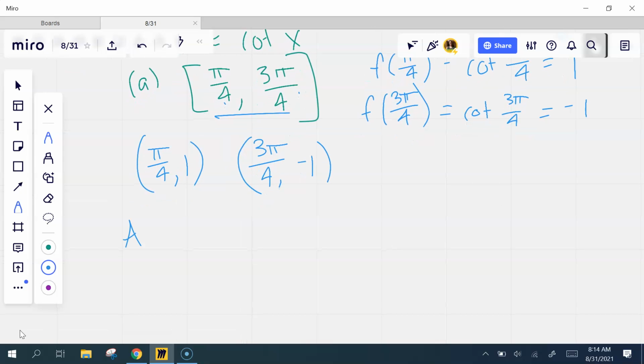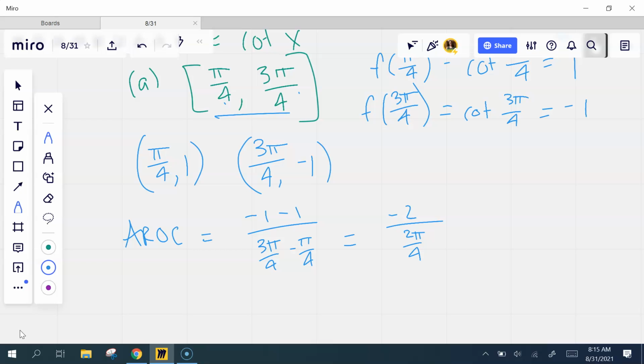So now to find the average rate of change. Always in radians unless specifically asked for degrees. Radians are always assumed. Negative 1 minus 1 over 3 pi over 4 minus pi over 4, which would take me to negative 2 over 2 pi over 4. Does that confuse anybody?